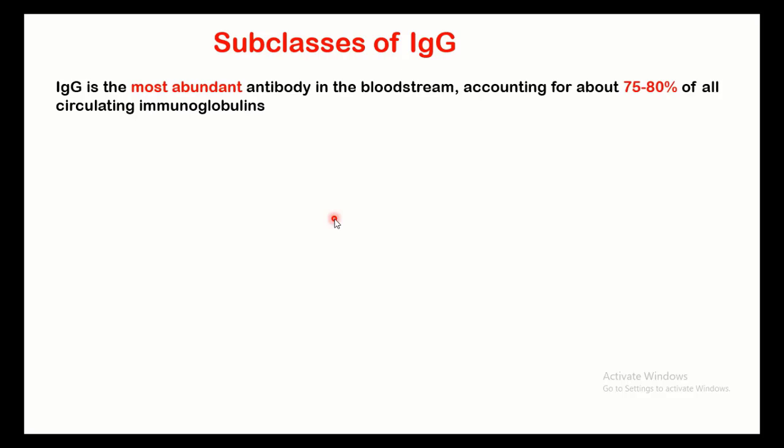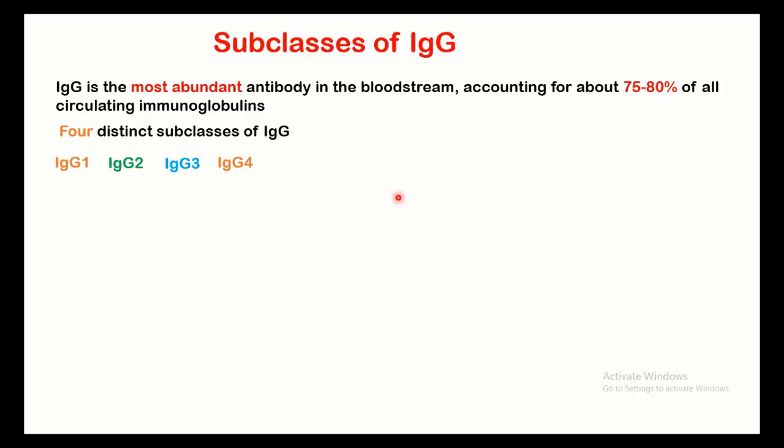If I give you a summary of that, I told you that immunoglobulin G is the most abundant antibody in the bloodstream, accounting for about 75 to 80% of all circulating immunoglobulins. There are four distinct subclasses: immunoglobulin G1, G2, G3, and G4.